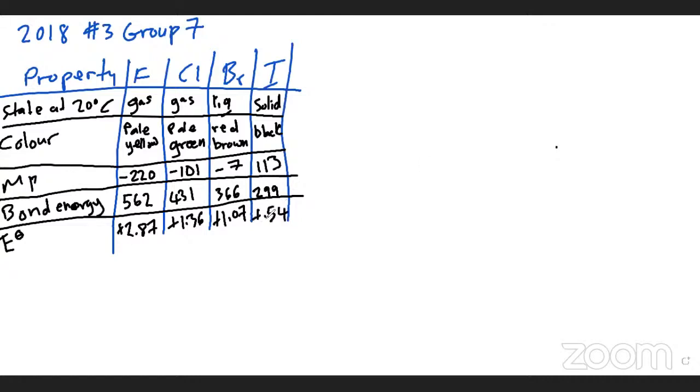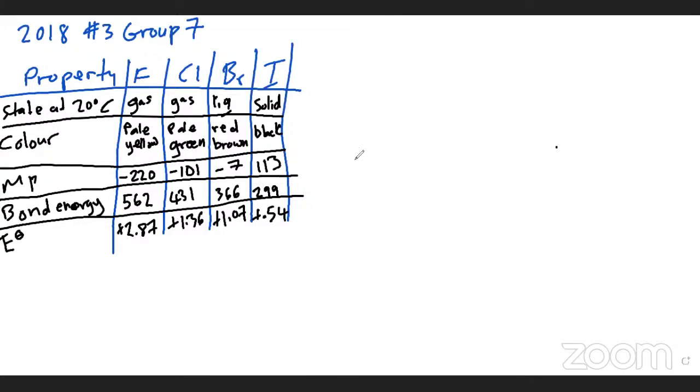So are they going to give us the color, or are we going to be the ones to give the color? Are they going to give us the color, or should we know that by heart? No, you should know the color. Sir, are we going to get the melting point in the data sheet?